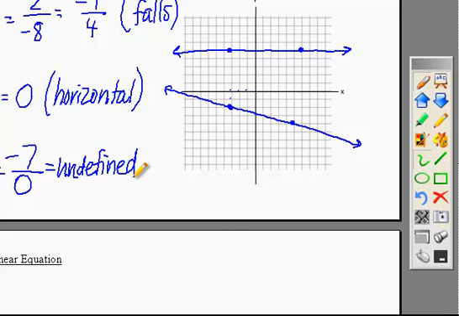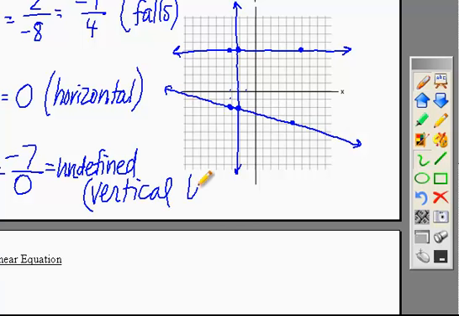If you look at these 2 points, -2 is here, -2, 5 is up here, and if I connect the 2 points and extend, you end up getting a vertical line. Okay, so vertical lines have undefined slope, horizontal lines have a 0 slope.